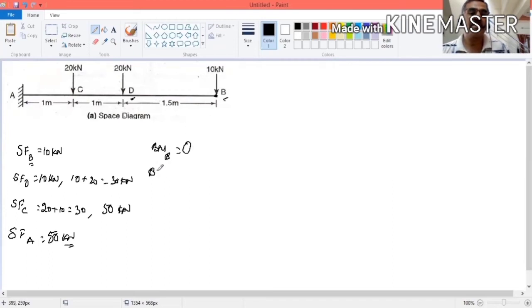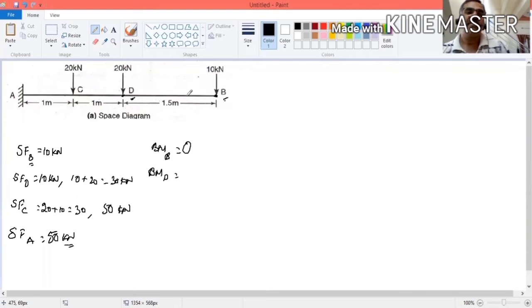Then bending moment at D point. How much is it? Right side you take. This is 10 into 1.5. We are finding the bending moment at point D. So you have to consider the right side load, as well as this load also. But while taking moment, the load into distance is equal to 0 for this load. So it will be 0. Here it is 10.